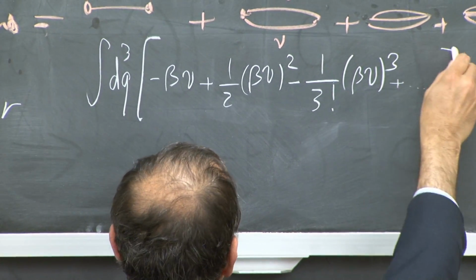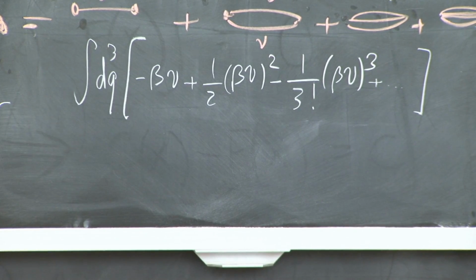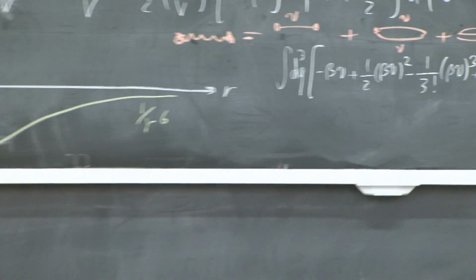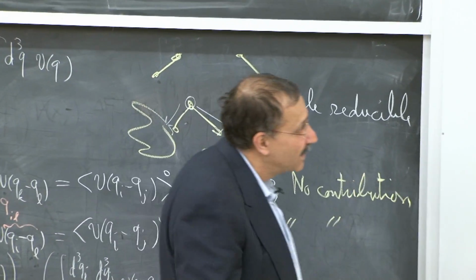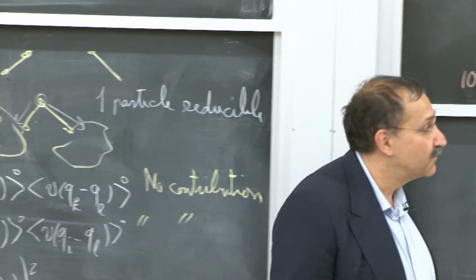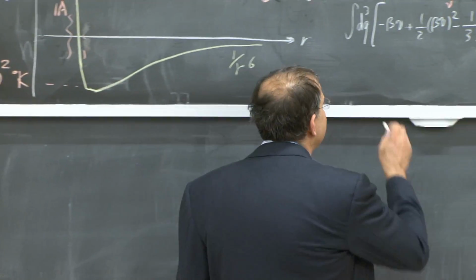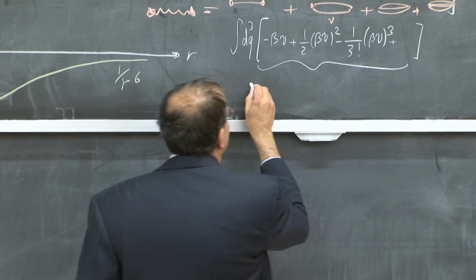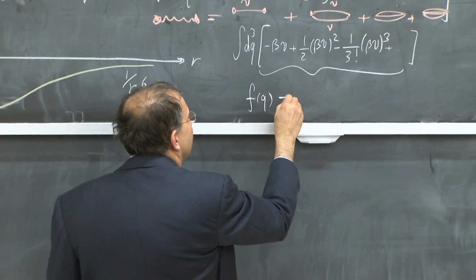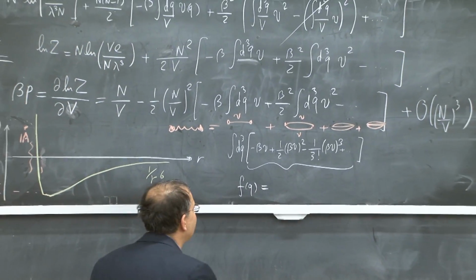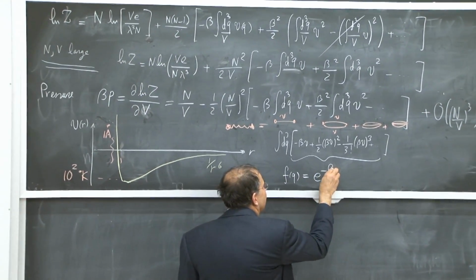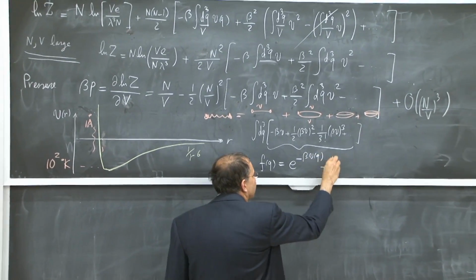And you say, well, obviously, this whole thing came from the expansion of e to the minus beta v, except that I don't have the 0th order term, 1. So this quantity that I will call f of q rather than v of q is obtained as e to the minus beta v of q minus 1.